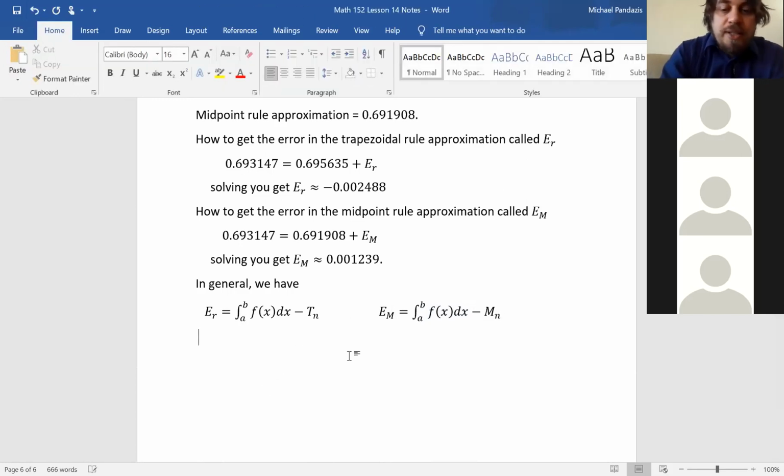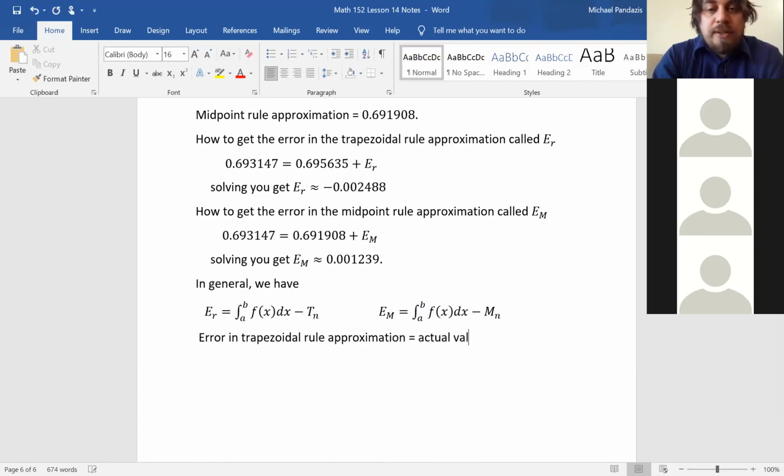Okay, this is saying that the error in your trapezoidal rule approximation is equal to the actual value minus the trapezoidal rule approximation.